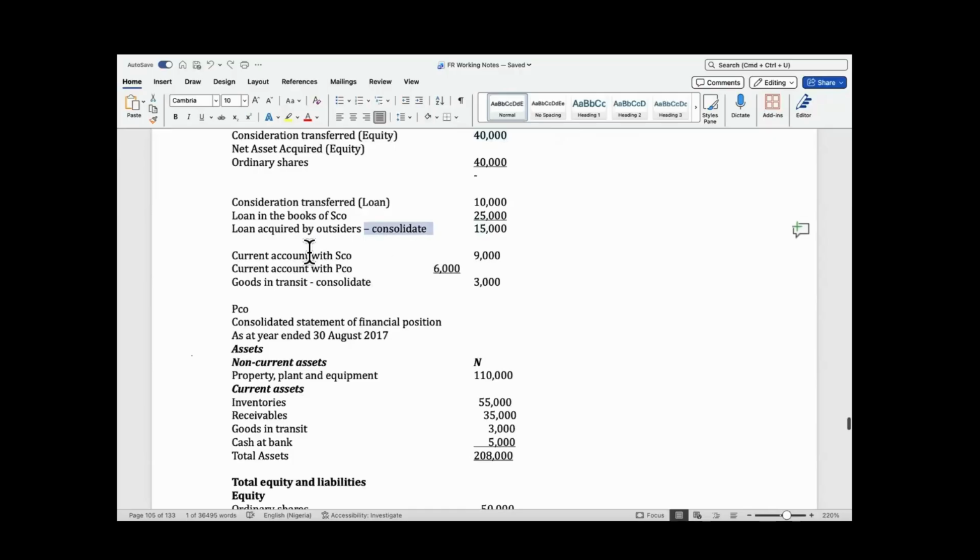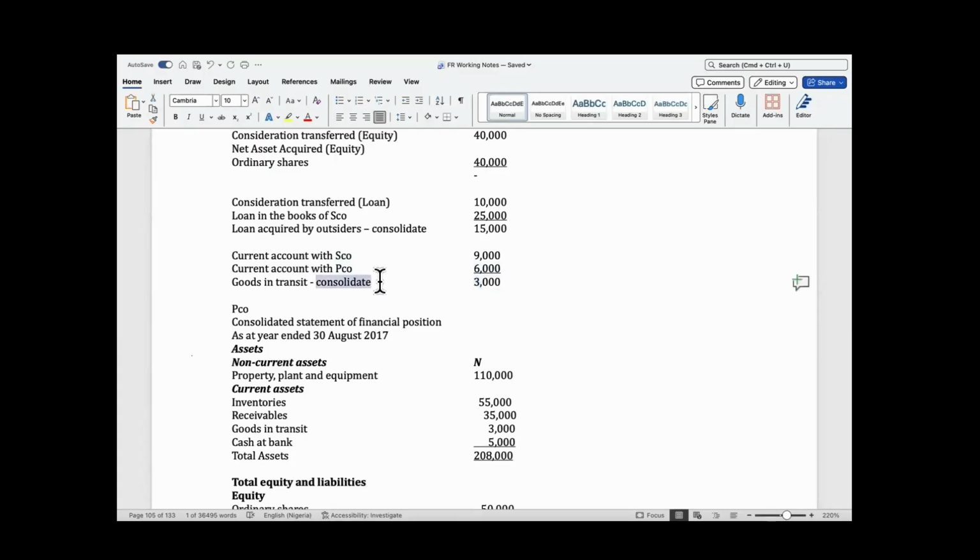I canceled out the current account with ESCO in the books of Pico against the current account with Pico in the books of ESCO. I canceled that out, with a balance of 3,000 that I was told is goods in transit.